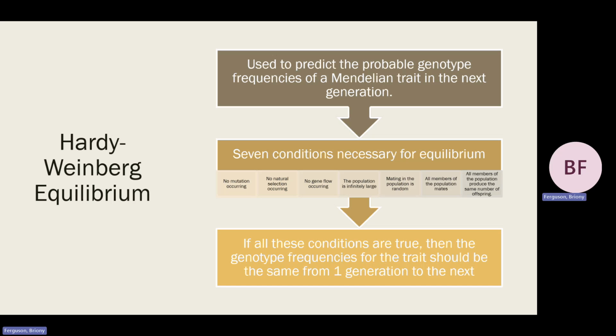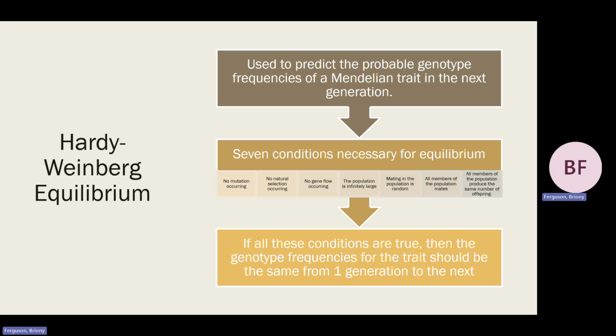The mating in the population is going to be completely random. All members of the population are going to mate, and all members of the population are going to produce the same number of offspring. Now, obviously, this is never true. You cannot keep mutation, natural selection, or gene flow from occurring.